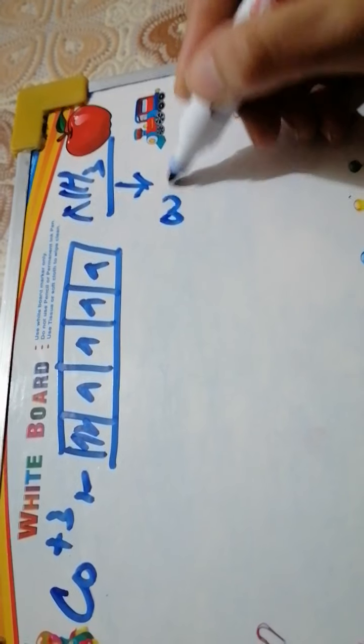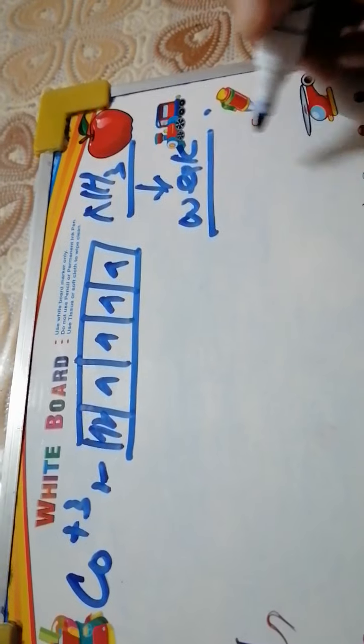Done. Okay, so next, just check out our ligand. Our ligand is ammonia, right? If you consider strength, ammonia is a weak ligand, right? So what is the difference between strong and weak ligand? If we have a strong ligand, then what will happen?